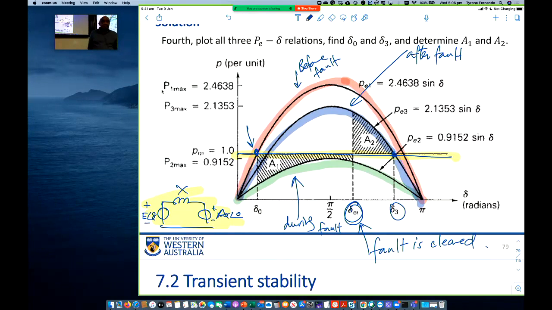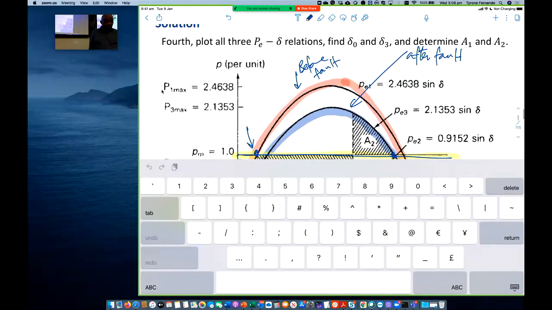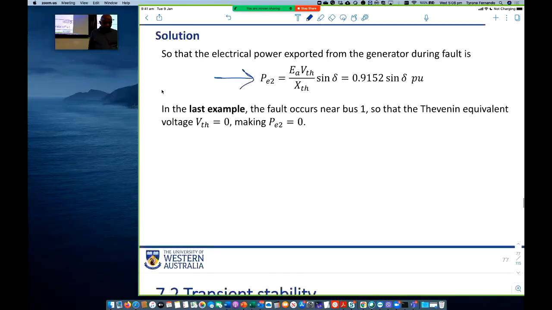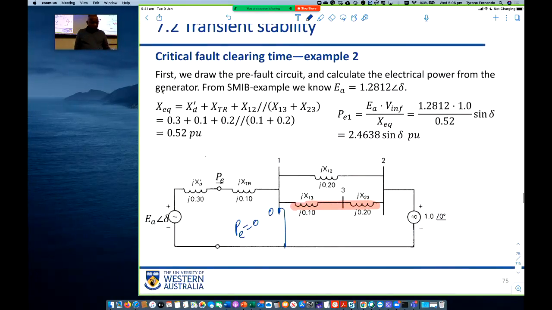Why would before and after the fault not be the same? Because we have removed one line, remember? Because after the fault we removed this line. If we don't remove the line, if you put it back, it will be the same thing. You're right. But I removed the line.